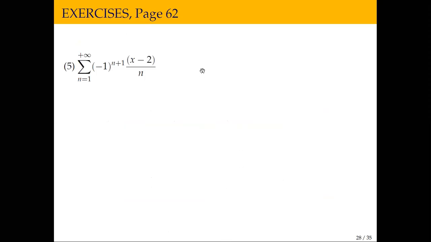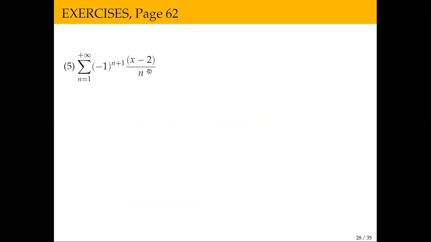So this is an alternating series, as you can see. Moreover, x minus 2 has exponent 1.